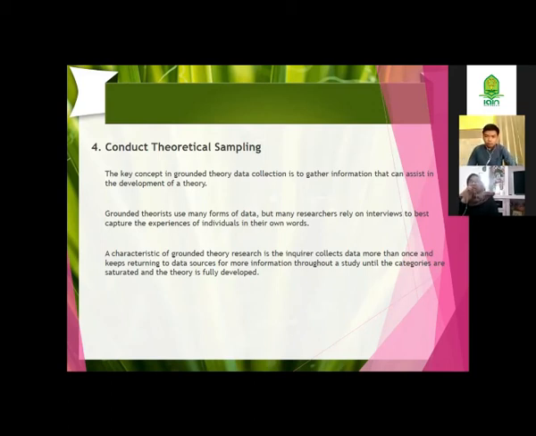A characteristic of grounded theory research is that the inquirer collects data more than once and keeps returning to data sources for more information throughout a study until the categories are saturated and the theory is fully developed.